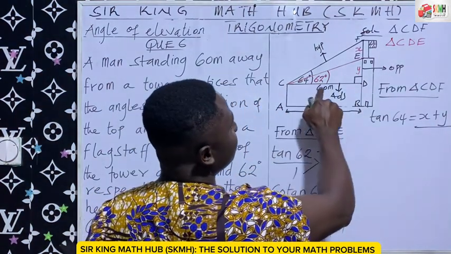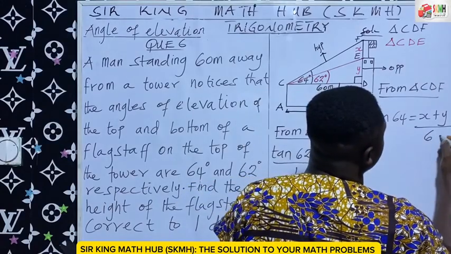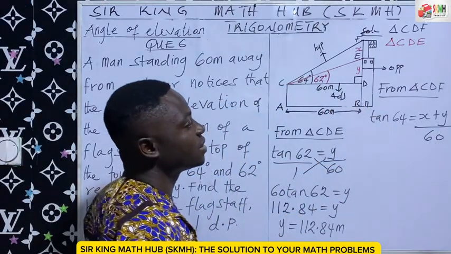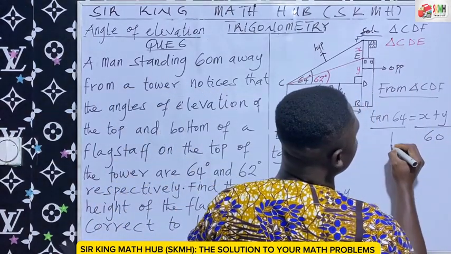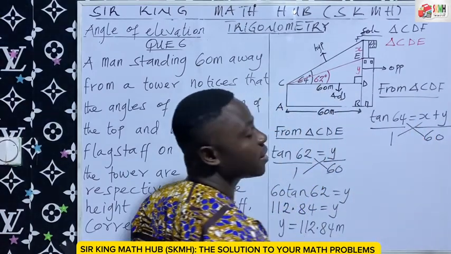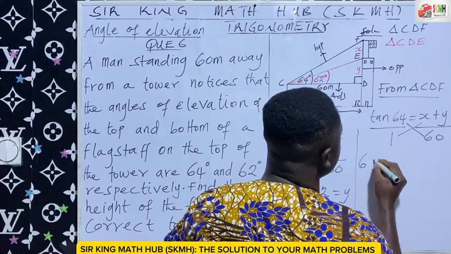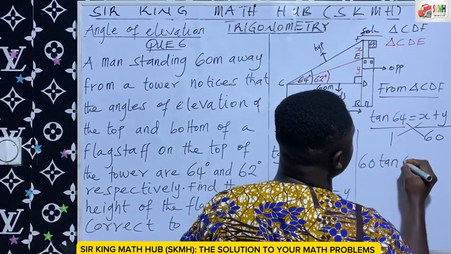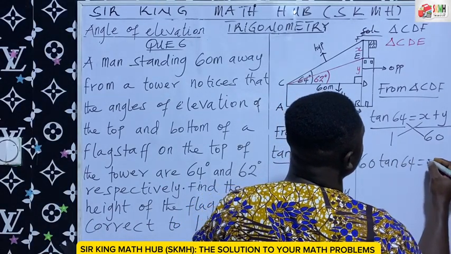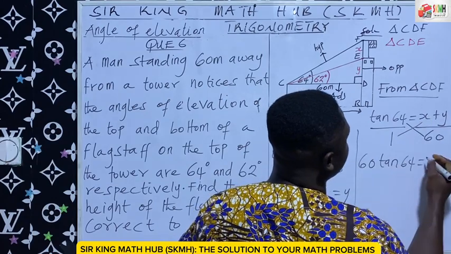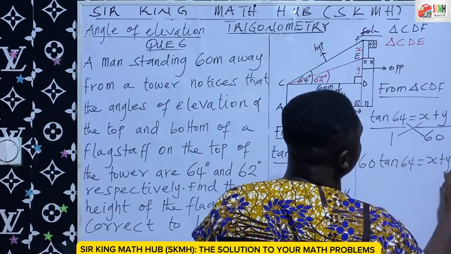So the same adjacent, 60. So tan 64 is the same as tan 64 on 1. You can cross multiply. So we have 60 times tan 64 is equal to, and then 1 times x plus y.